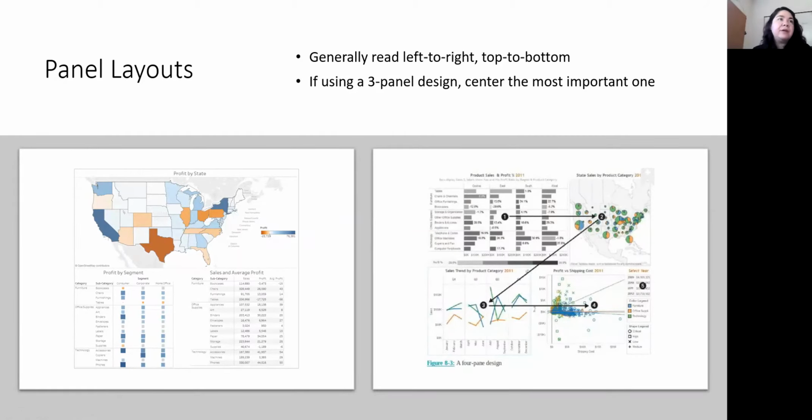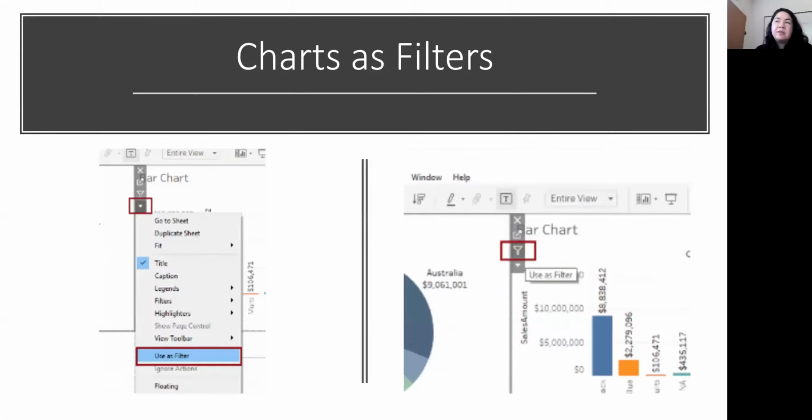Okay, so once you've figured out which charts need to go into a data visualization, you're probably wondering how we connect those together with our filters, because we've seen a lot of examples of these cool filtering features, right? Inside of a dashboard, there's two ways to do this.